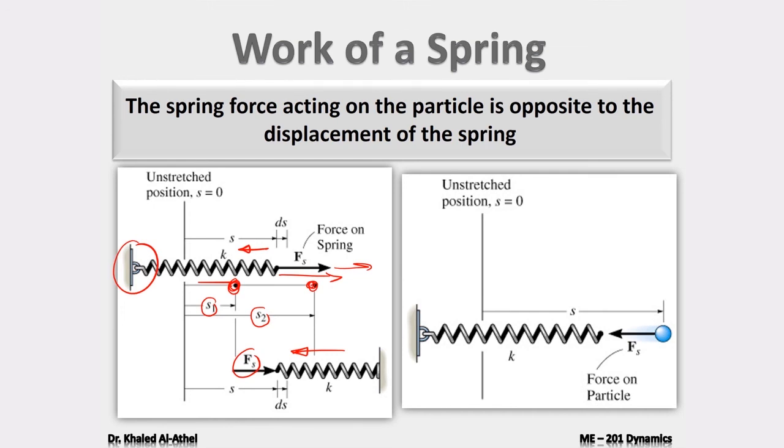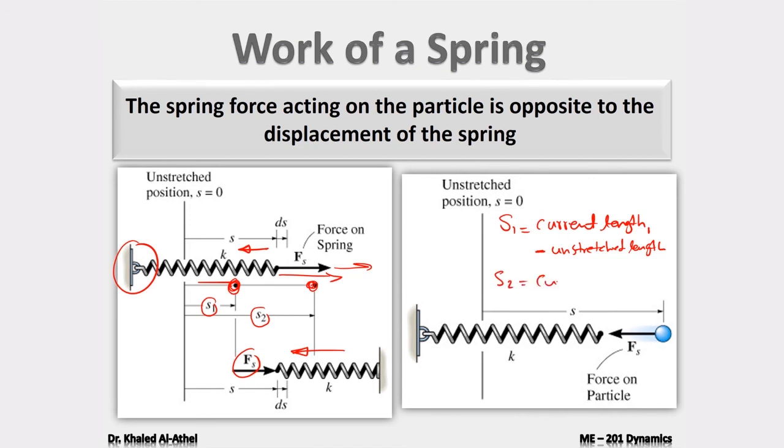So basically I can write a general definition: any S1 will be the current length, whatever you have at location 1, minus the unstretched length.